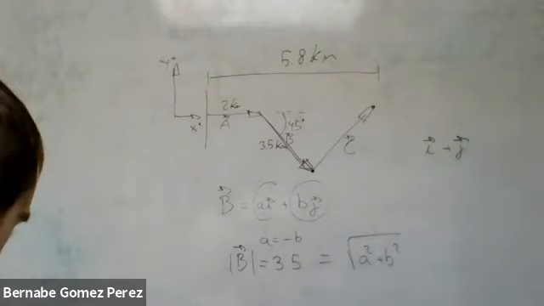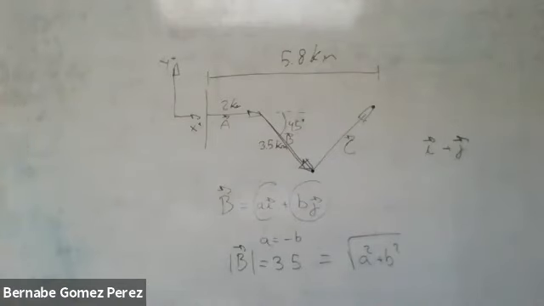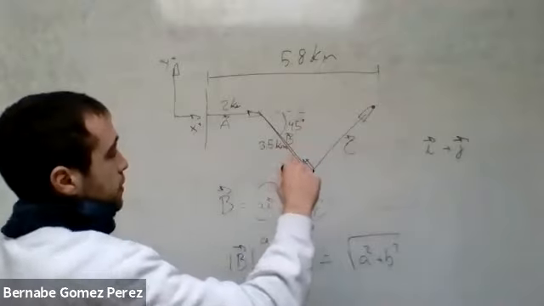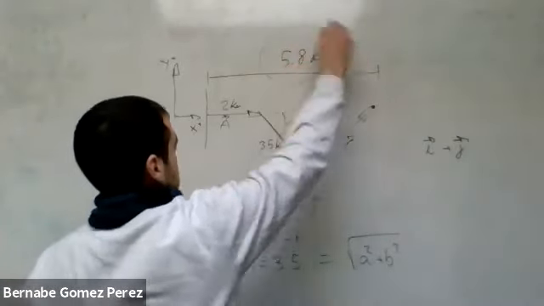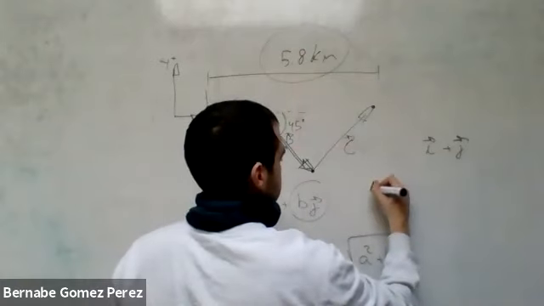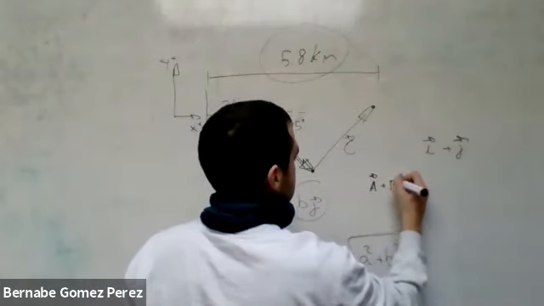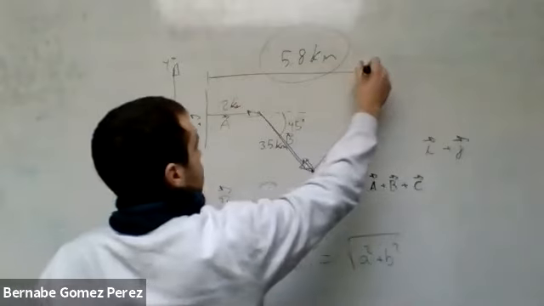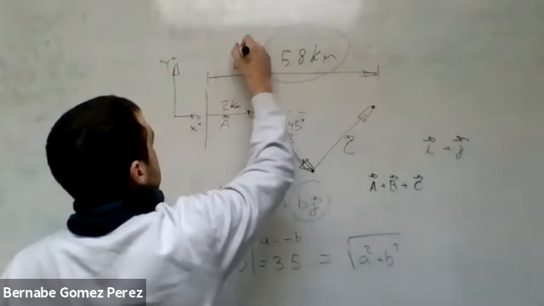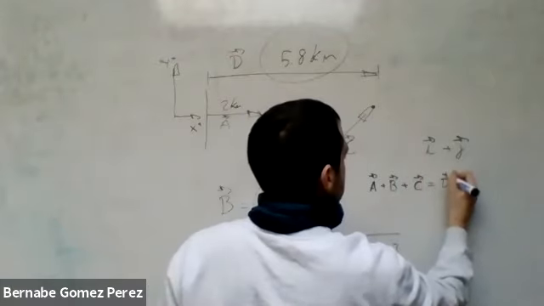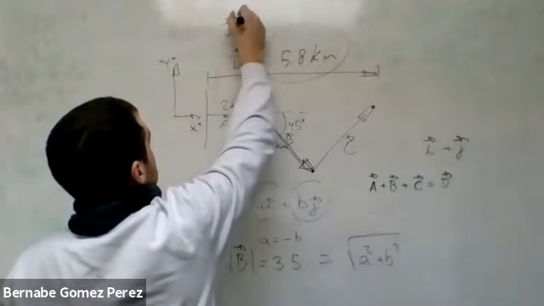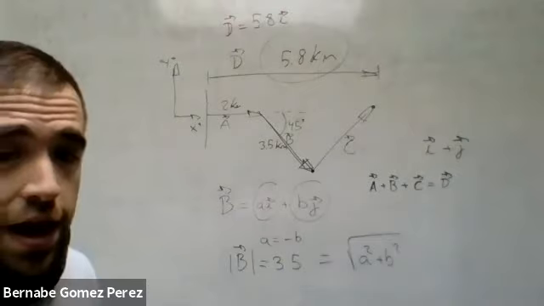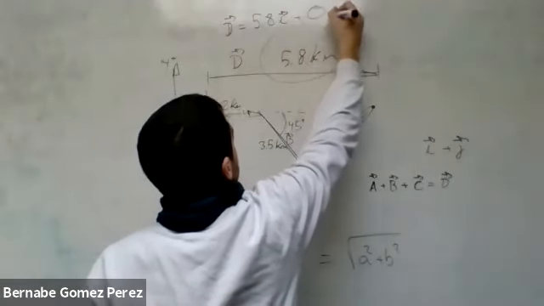What else do I know? Now I know that the summation of all these three vectors is gonna give me this vector, which means that A plus B plus C, I'll call this vector D, is gonna give me D. I know that D is 5.8 I plus 0J.